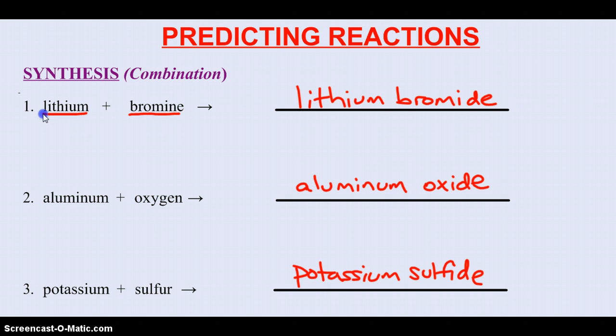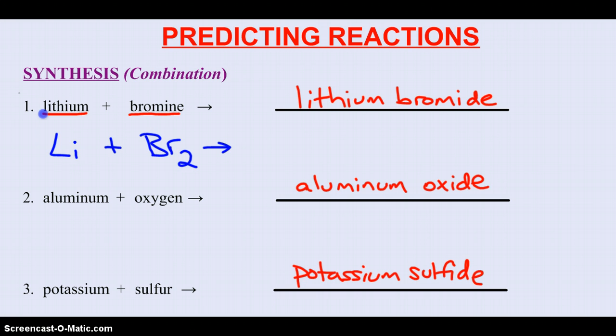So is that it, you ask? Yes, pretty much. But of course, we never miss an opportunity to write correct formulas and balance reactions. So the symbol for lithium is Li, and we react it with bromine, which is Br2 because of Hofbrinkel.